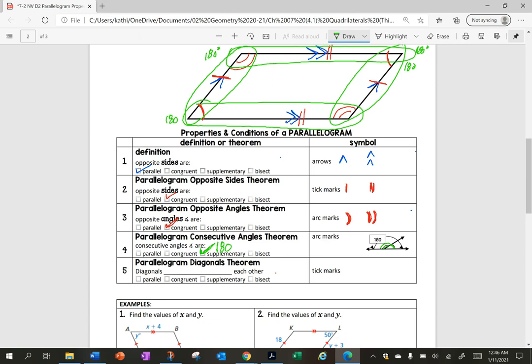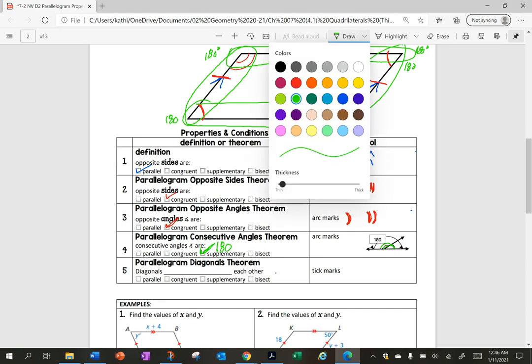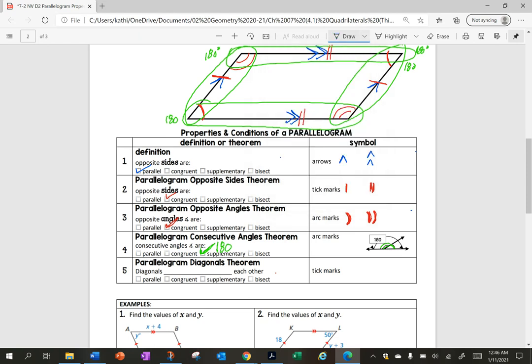And then the last is my diagonals bisect each other. Bisect means they cut each other in half. So when they're cut in half, the halves are going to be equal to each other, but the whole diagonals are not going to be equal to each other.